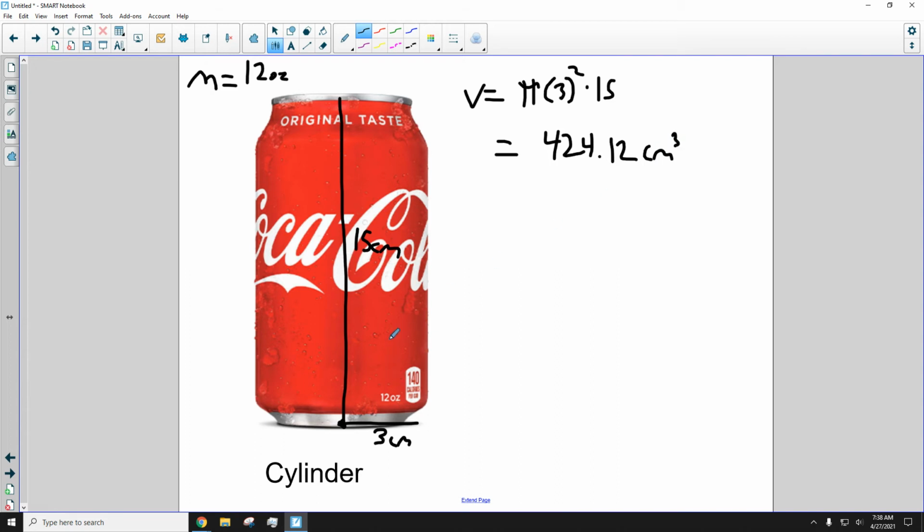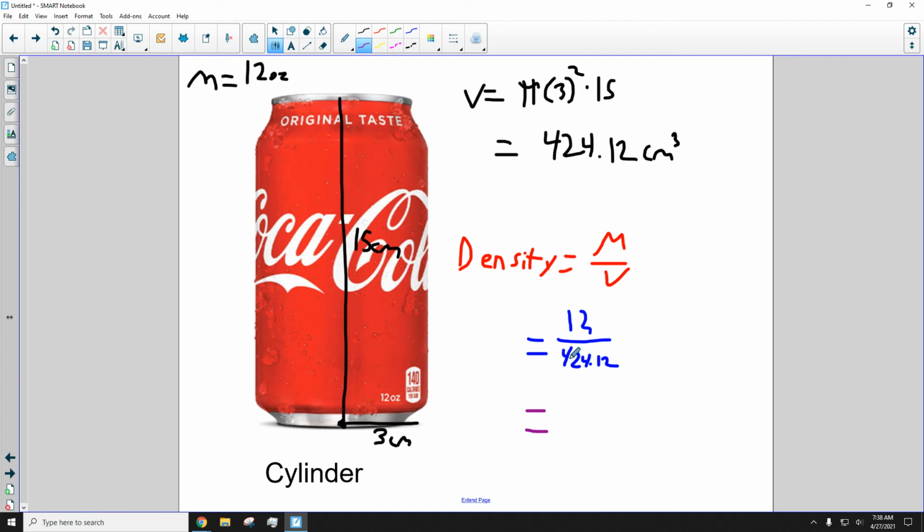Okay, so now, again, my main goal is to find the density. Density is equal to mass divided by volume. Well, I know that my mass is 12 and my volume is 424.12 cubic centimeters. Okay.